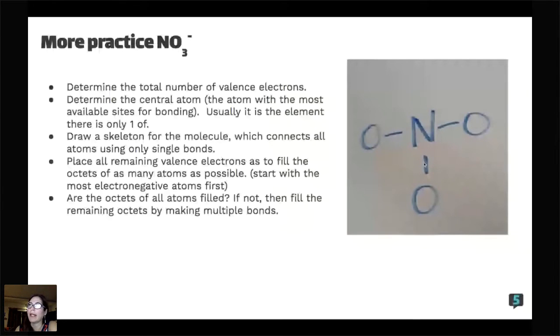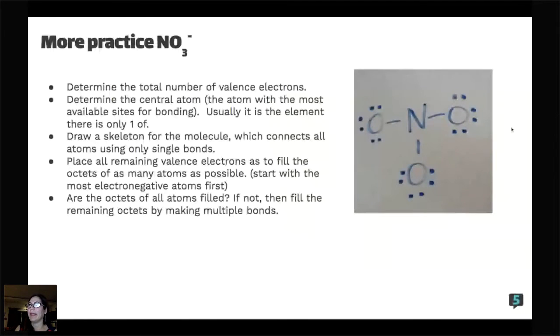So we need to add more to complete the 24. Now, which one is more electronegative, nitrogen or oxygen? Excellent, very good. Oxygen is the more electronegative. So we start filling up the rest of the electrons, starting with the oxygen.